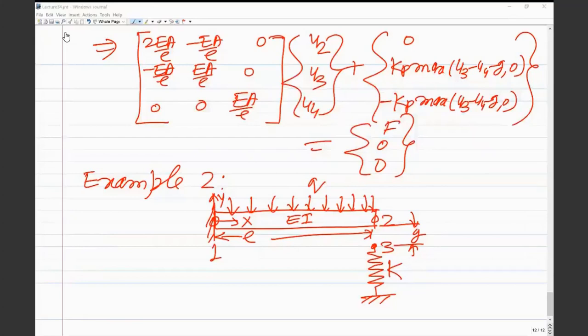When I discuss the general problems, I will discuss how to calculate this gap. But as of now, we are assuming that this gap is known. From the initial configuration of the system, the gap at every node has to be known, and that can come from the geometry of the two systems coming in contact.